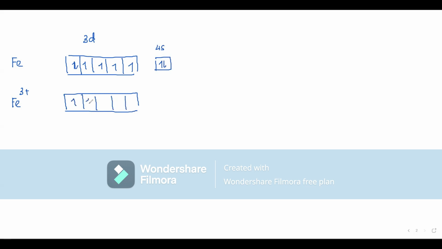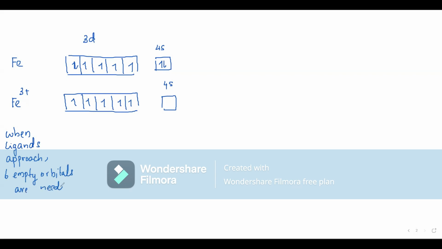So 1, 2, 3, 4, 5, and 4s has no electrons. Now, when the ligands approach, how many empty orbitals are needed? 6 ligands are there, so 6 empty orbitals are needed.